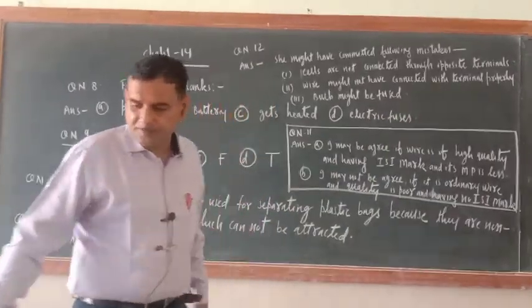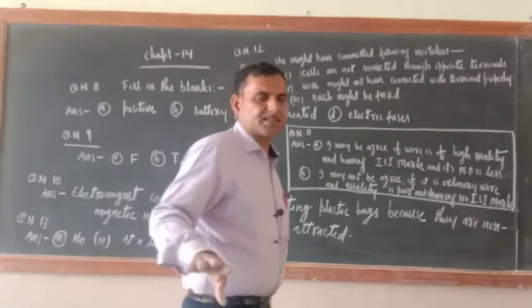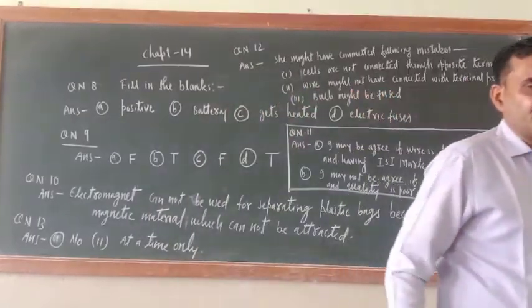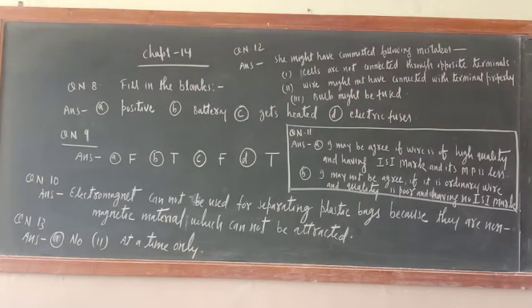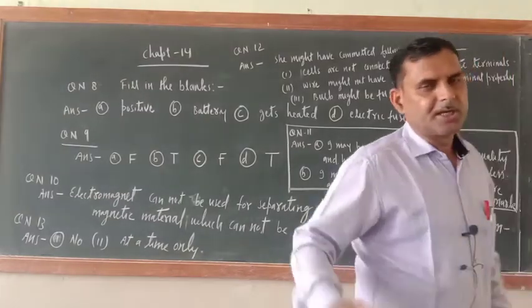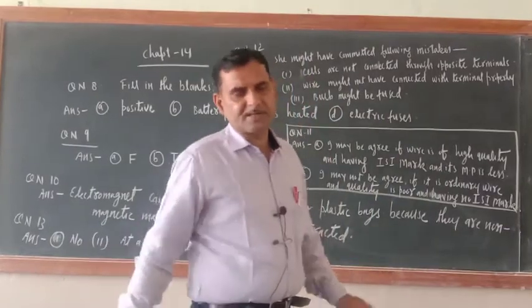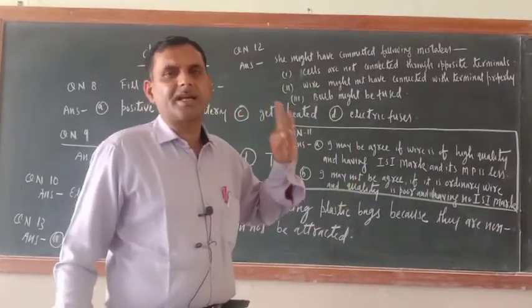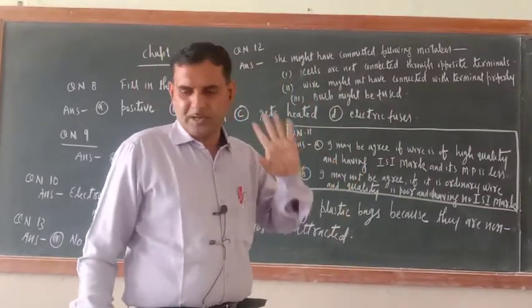In this way, your entire exercise of chapter number 14 is completed, including fill in the blanks, true, false, everything. The syllabus has already been completed. Now the entire syllabus, including the NCERT exercise, I have completed.